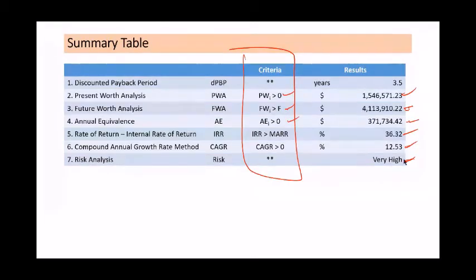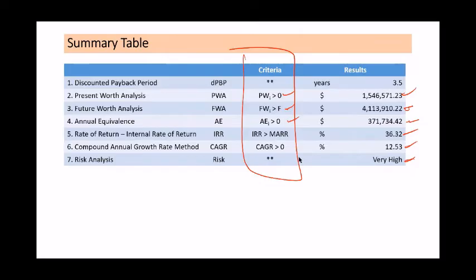Any questions so far for this summary? Well, here the minimum, no, it is 15, Faisal. Our MARR here is 15% in this example that we are using.